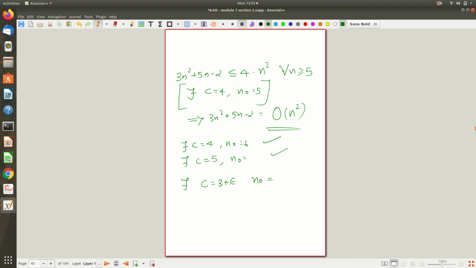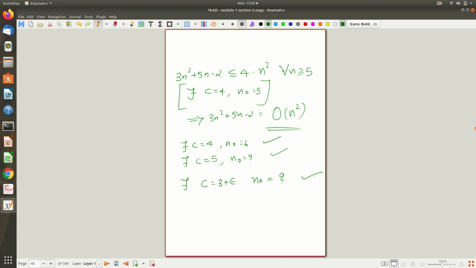When you take epsilon like 1, or epsilon as 2, you will get some different relation. But anyway, I just need a value of c and n0. Just try to find out what is n0 here. So definitely this is also going to work. You can systematically explore, or you can try directly with a bigger value of n0, like say 100 or 1000, so that the process may be easier for you. Anyway, you got it.